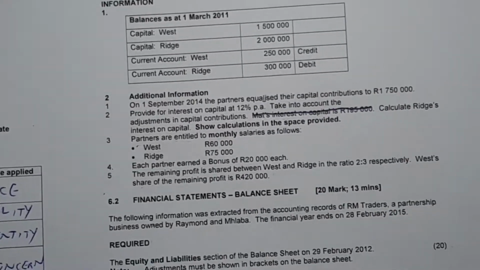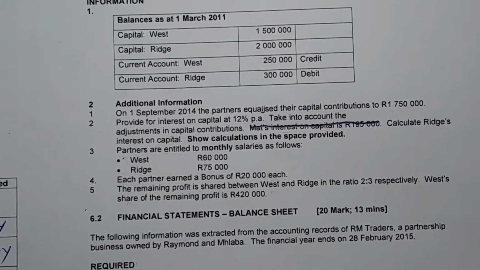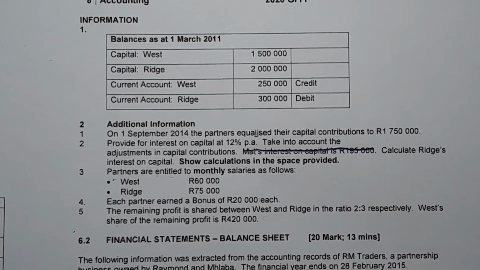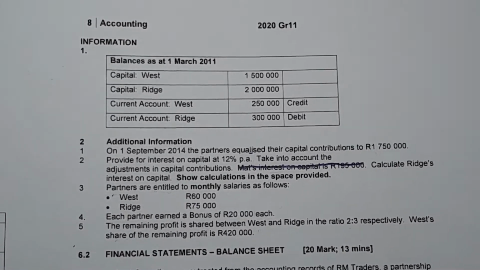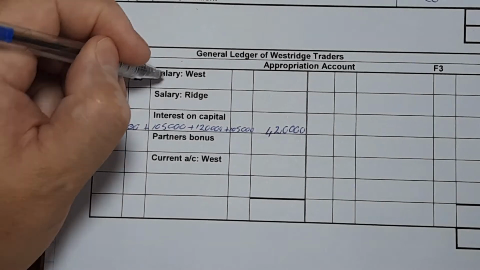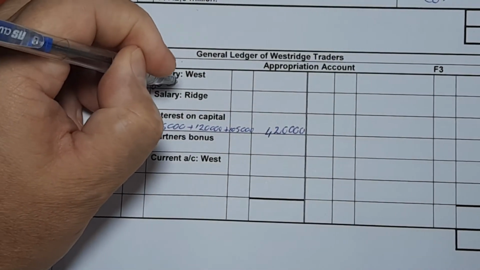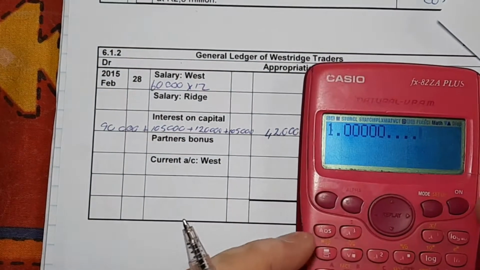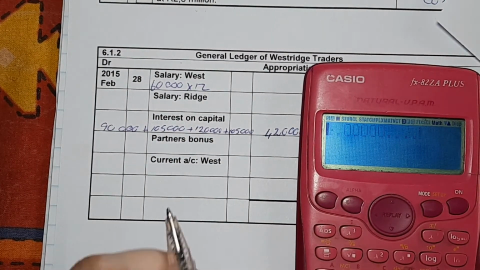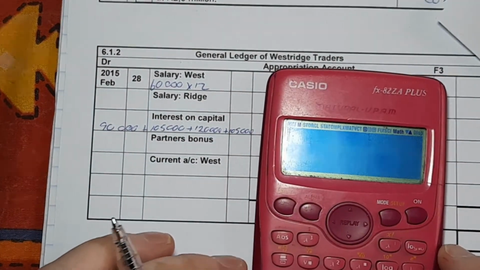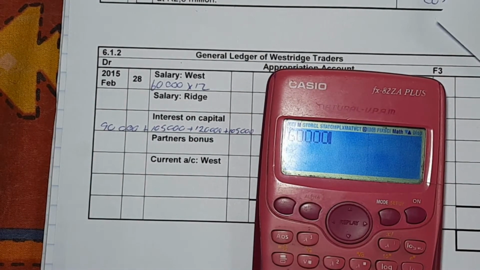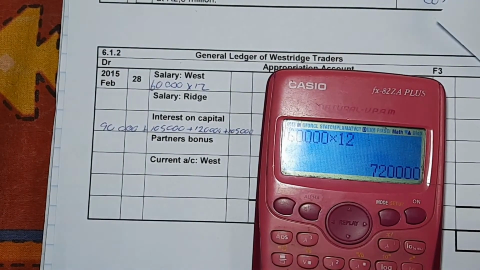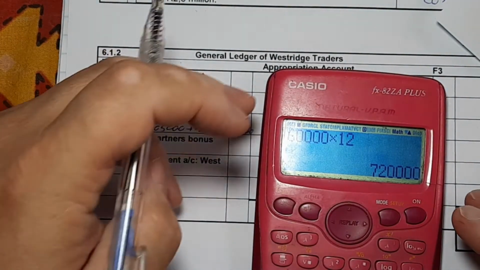Next one that we need to calculate is the monthly salaries. West is 60,000 for 12 months. So West would be 60,000 for 12 months, which would give us 720,000 rand.